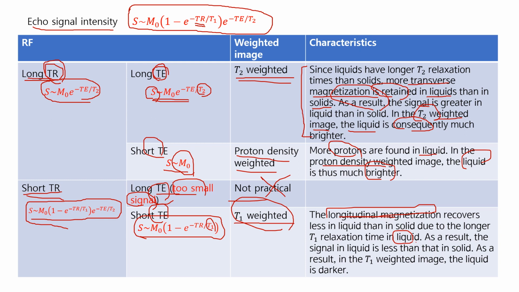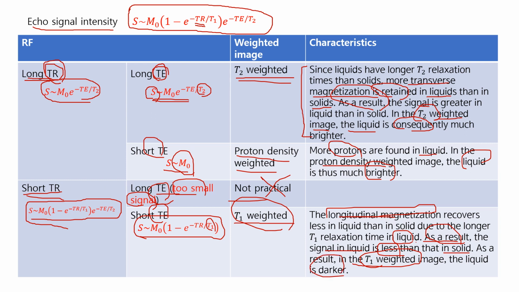Okay, that means that longitudinal magnetization recovers slowly. So the longitudinal magnetization in liquid is smaller than that in solid. So we have a smaller signal from liquid. So as a result, the signal in liquid is less than that in solid. So in the T1 weighted image, the liquid is darker.